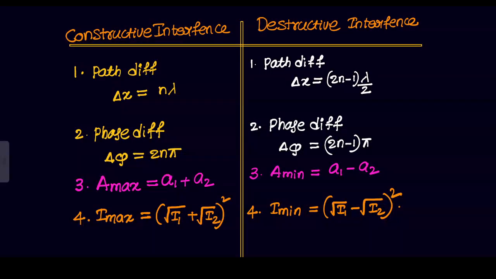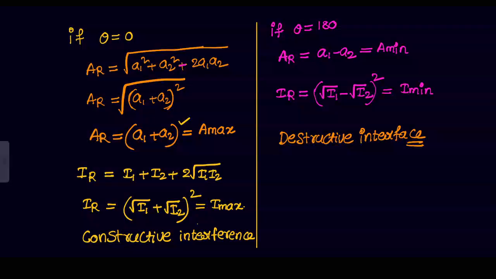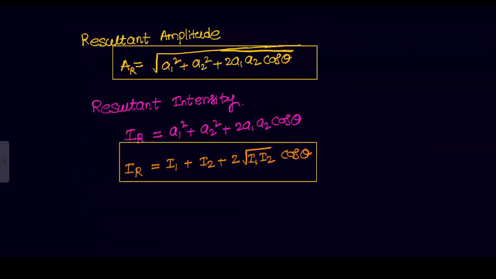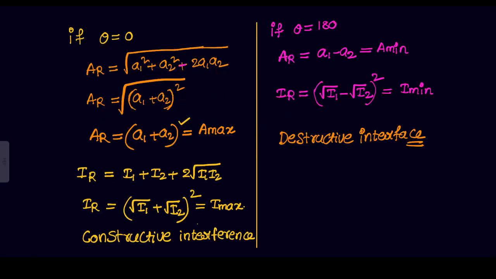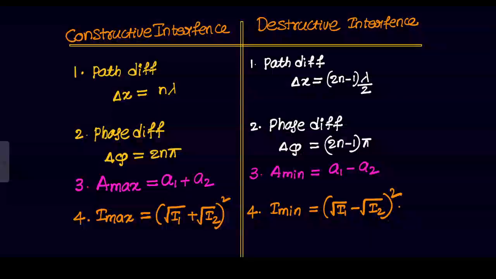If not, then we use the resultant amplitude and resultant intensity formulas we have seen, if the angle is other than 0 or 180.